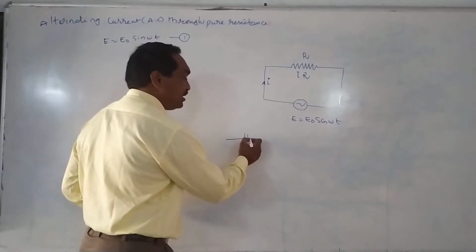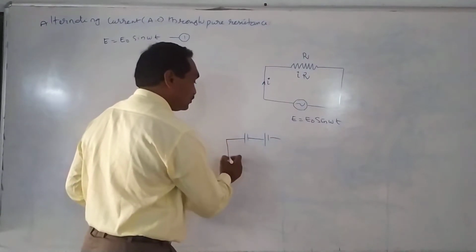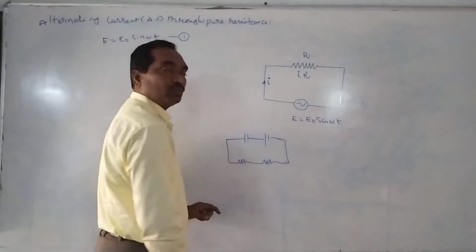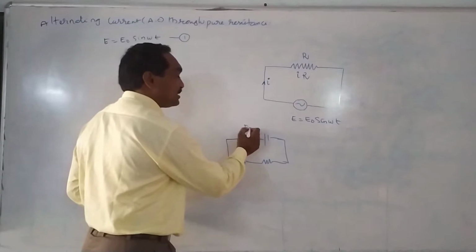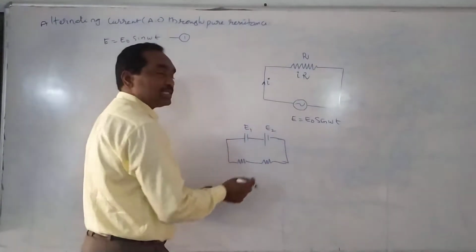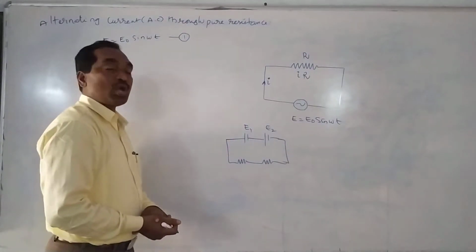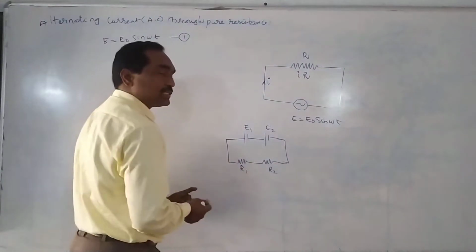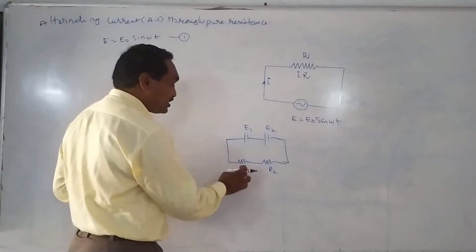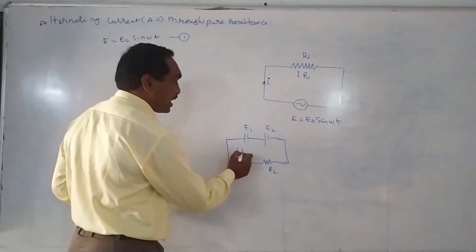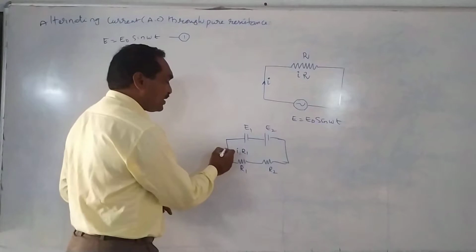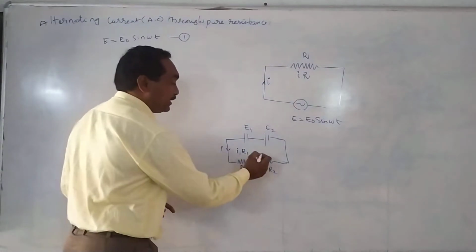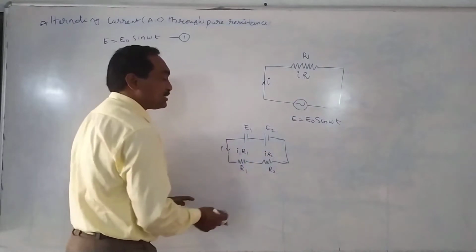This is one battery, this is one more battery, this is one resistance, this is one more resistance, whose EMFs are taken as E1 and E2. The potential across the resistance R1 is IR1 when current I is passing through it, and IR2 is the potential across the resistance R2.